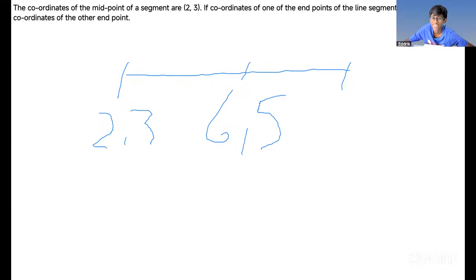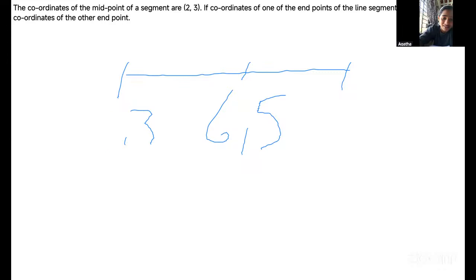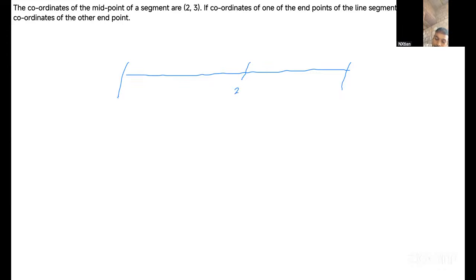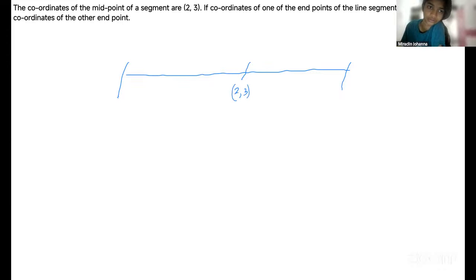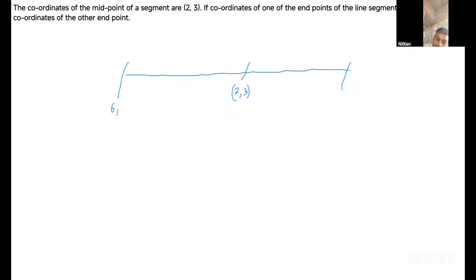No, Agatha, see, it is written the coordinates of the midpoint, means this is the midpoint. So 2 comma 3 is supposed to come in the middle. This is 2 comma 3, and 6 comma 5, and the other end is x comma y.